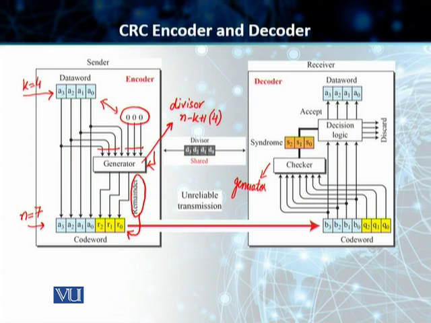The result that comes out of the checker is a syndrome of n minus k bits. As you can see, we have 3 bits out here, which is n minus k bits. Students, this is fed into the decision logic. If the syndrome bits, S2, S1 and S0, are all 0, we will accept the data word and it is interpreted as having no error; otherwise the 4 bits are discarded.